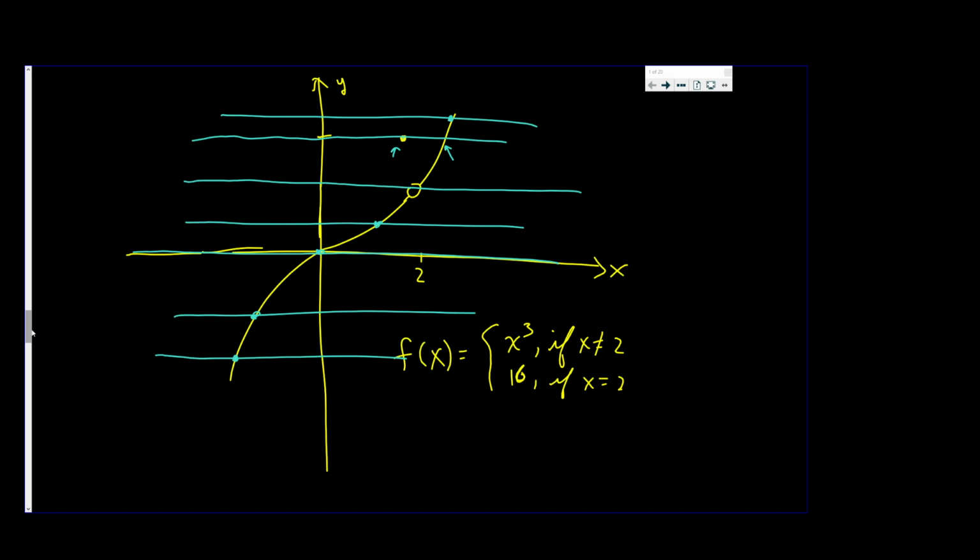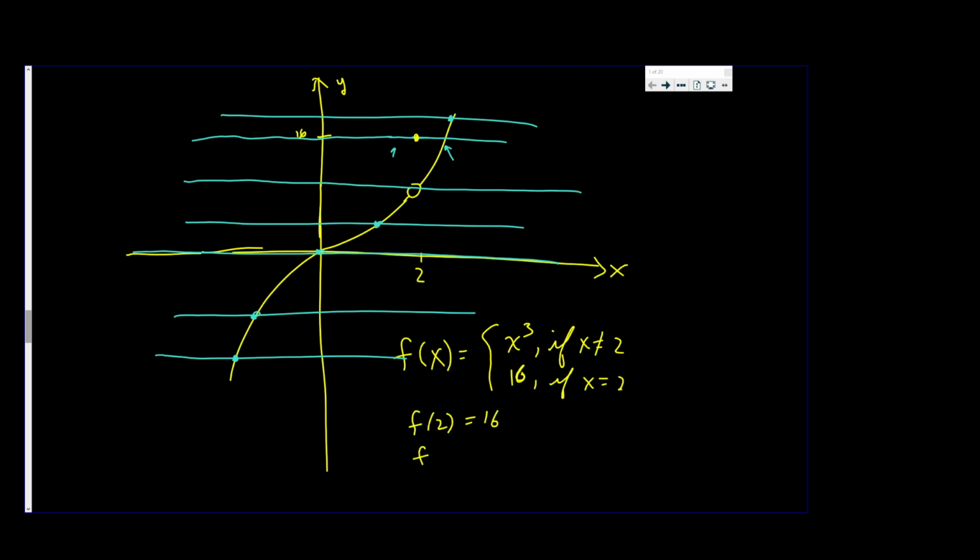Now, I want to move that point a little bit more to the right so it's more believable to be when x is 2. Now, if this height was 16, that means f of 2 is 16.